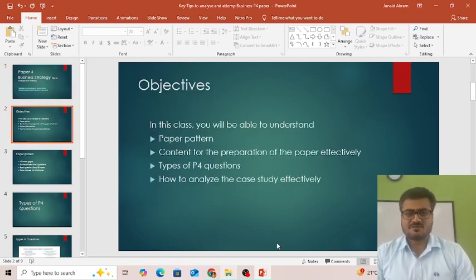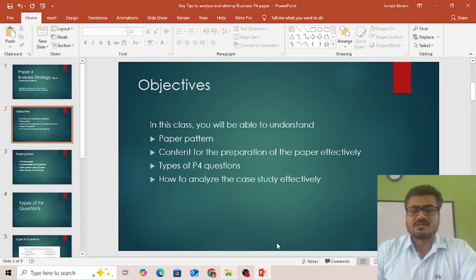So the objectives of today's lesson are that in this class you will be able to understand the paper pattern specifically for paper 4, based on the case study, known as business strategy. Then we are going to discuss the content for the preparation of the paper effectively, and afterwards the types of questions.